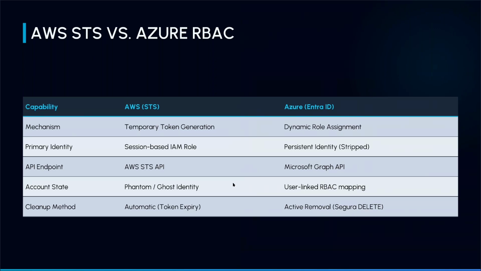So the cleanup method is very important. For AWS, after you finish the session, the assumed role ends, so the token will die, fully automated. For Azure, you will need Segura to help you delete the role, done by Segura through the session end scripts to remove those roles for those users.